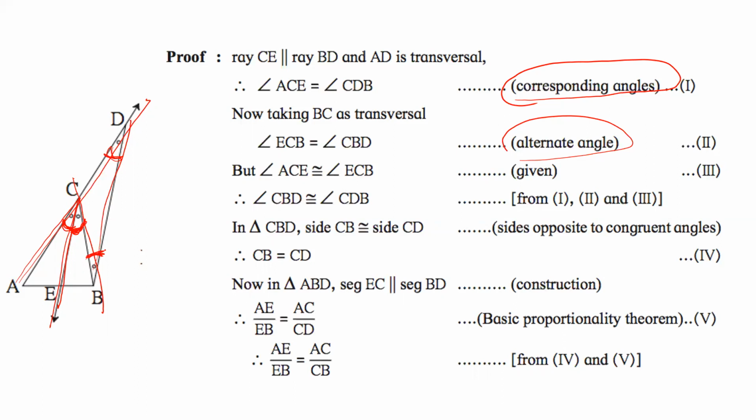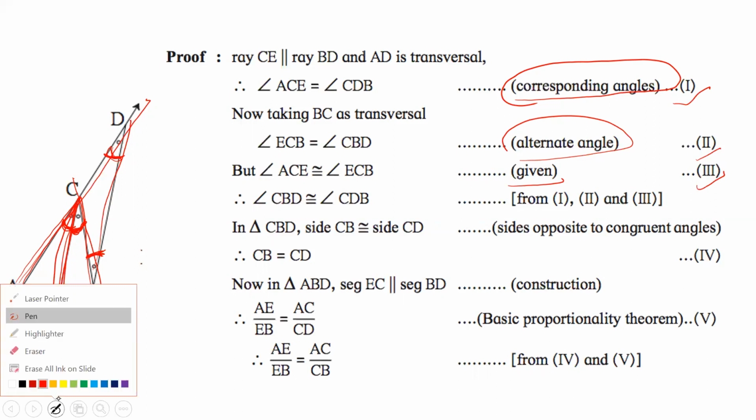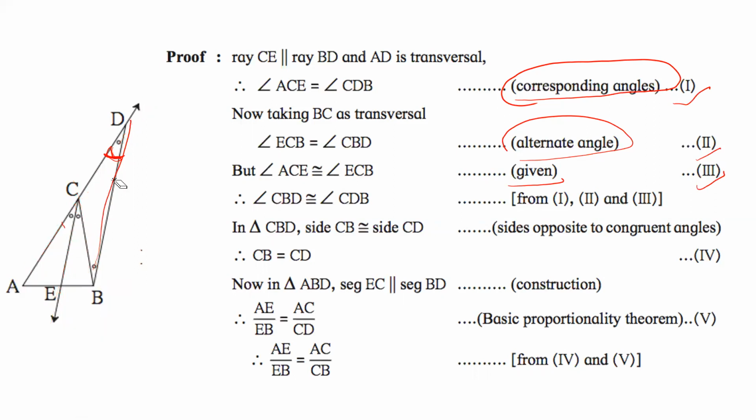Now there is another thing, that we've got angle ACE and angle BCE both congruent, which is given as the bisector. Therefore, we can conclude that this and this are equal because of 1, 2, 3. Repeating it again, I'll erase what we have just marked and use some different colors to make some nice distinctive explanations.